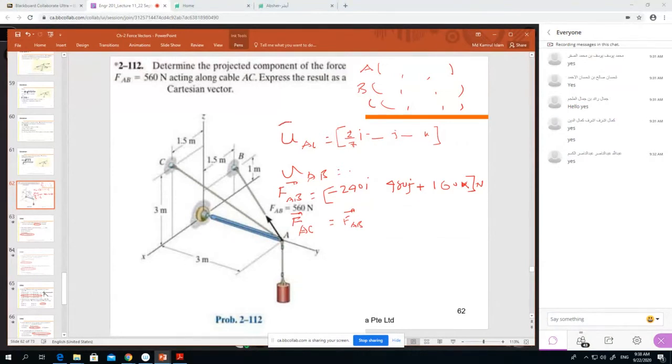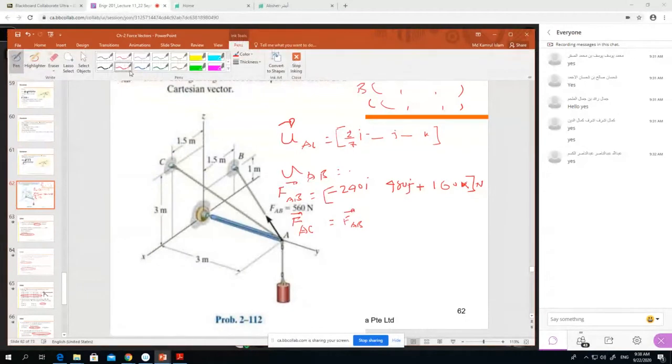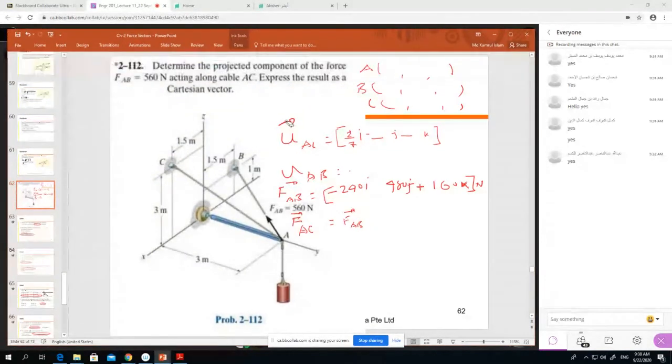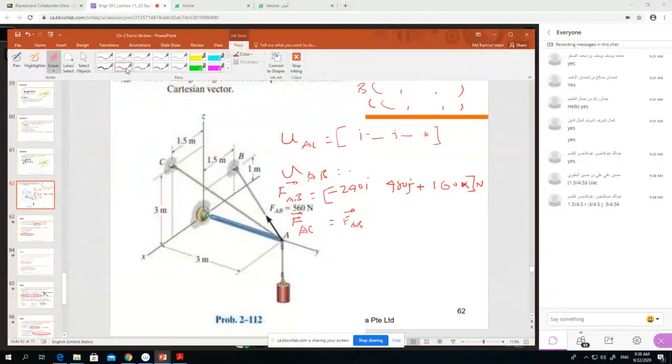Unit vector AC was how much? Is it written in your paper? Yes, okay, fine, thank you for giving the correct result. Who gave this one? Abdullah Saleh, right? Thank you.